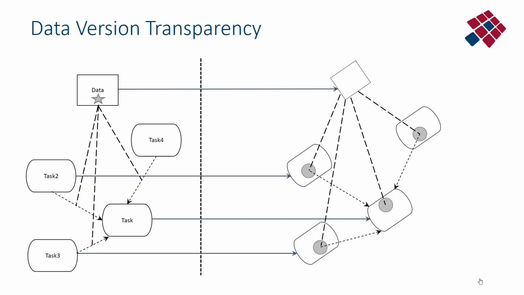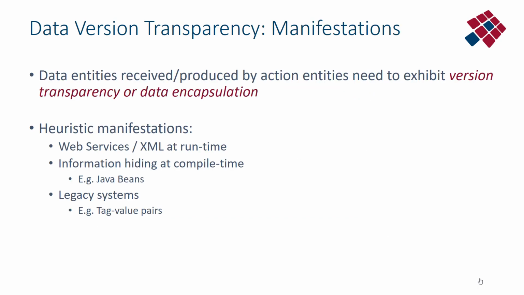So if you change that data structure, but you do a proper encapsulation, for instance, with the default constructors, getters and setters, there is no need upfront to change the various modules or functions that actually call, instantiate, and interact with that data structure. So data entities received or produced by actions need to exhibit version transparent interfaces.